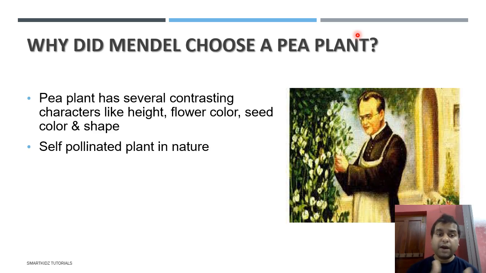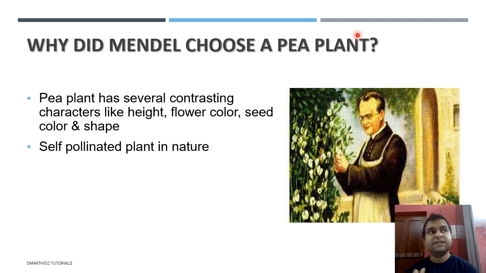Why this self-pollinated plant in nature helped him is because, as we proceed further, we'll come to know, it allowed Mendel to know when a process gave what result. As in, he knew very well, okay, now I have carried out cross-pollination and this has given me this result.